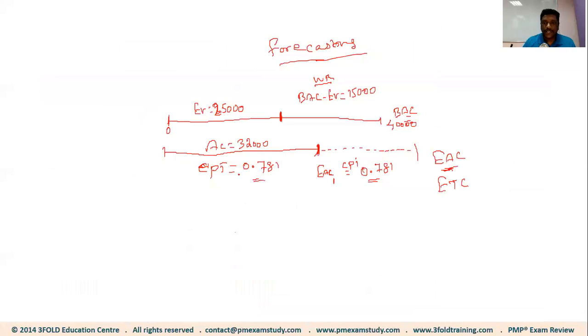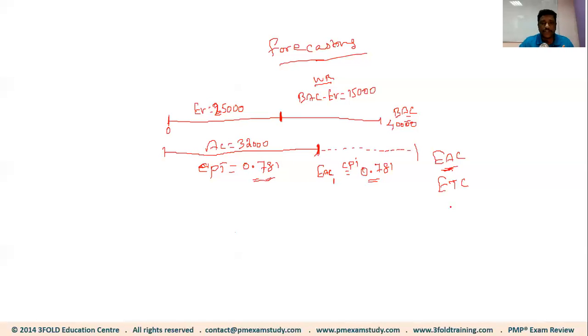Not all the time is this a valid assumption. For example, your performance so far is 0.781, and you call for an immediate meeting with your team members to investigate what went wrong. Why is our performance so poor? You are able to do certain analysis, identify the root cause of the performance, and come up with a solution to fix those problems.